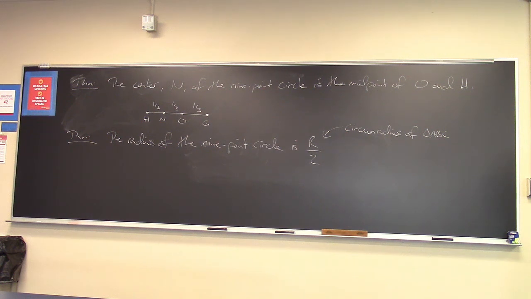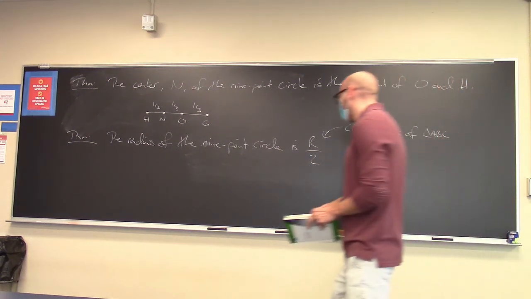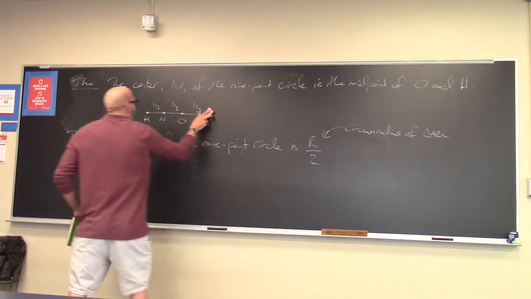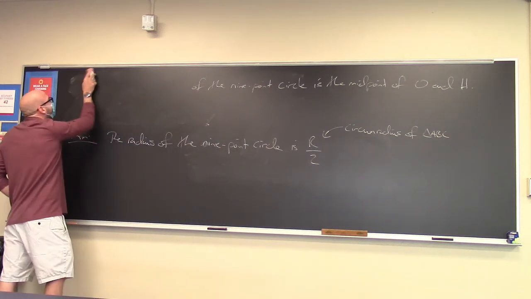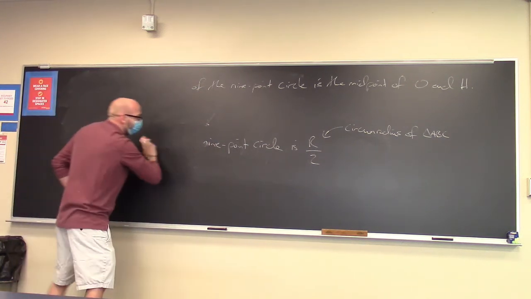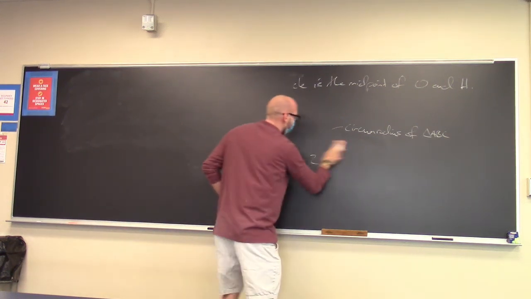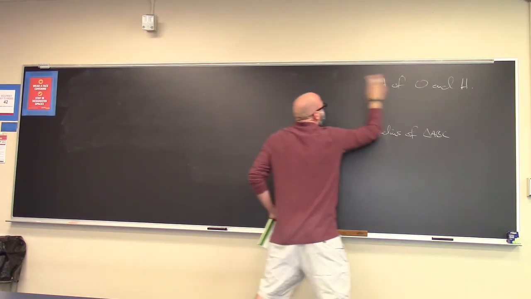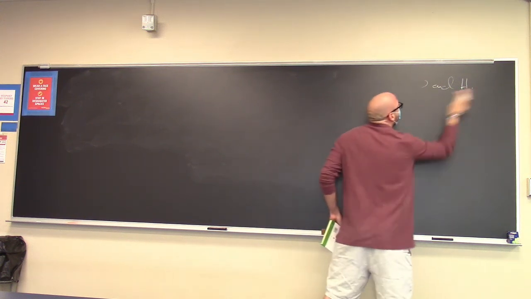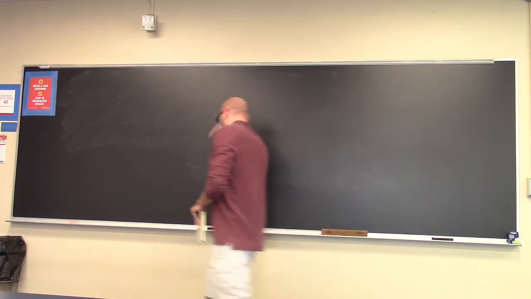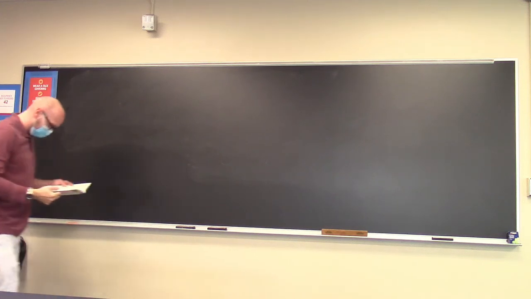I looked online to see if I could find something else that was nice, because it's actually not easy to prove. But just about everyone proves it that way because it's by far the best way to do it. So just accept these. You can read the proof in the textbook if you want, but we're not going to prove them. Any questions?